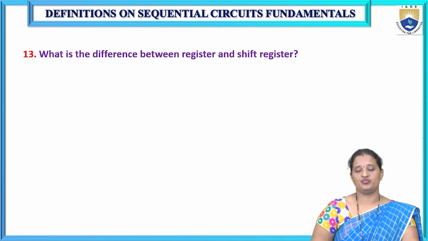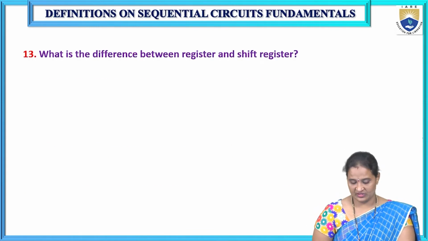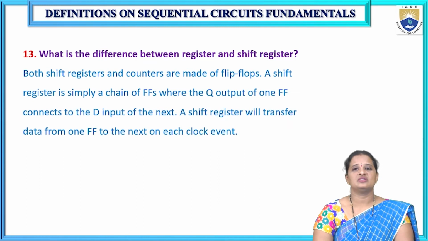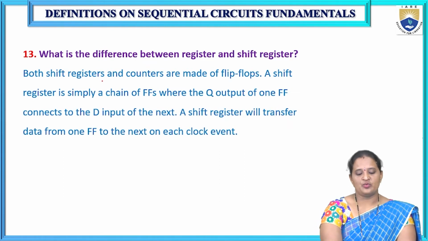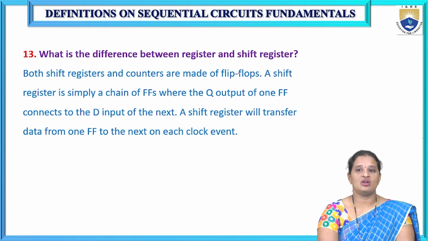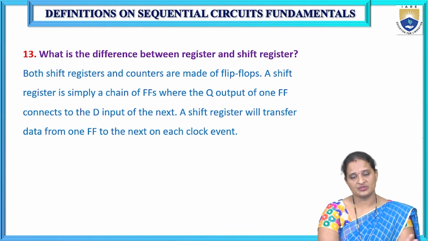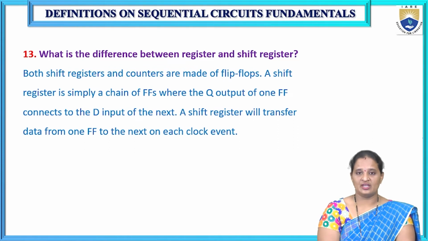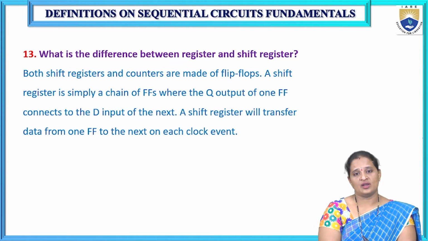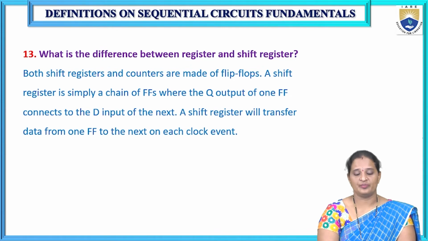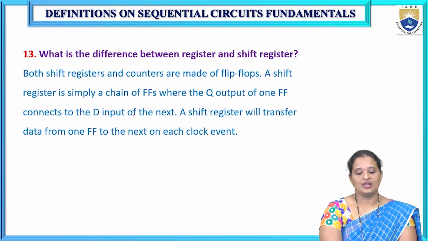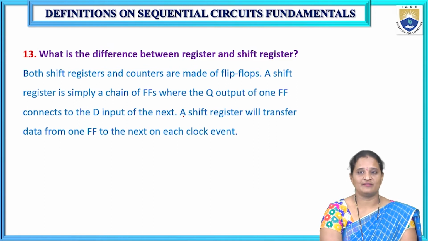Now let us see the difference between register and shift register. What is the major difference? Both shift registers and counters are made of flip-flops, that we all know. Cascading of flip-flops will give you either a counter or a register. A shift register is simply a chain of flip-flops where the Q output of one flip-flop connects to the D input of the next flip-flop.